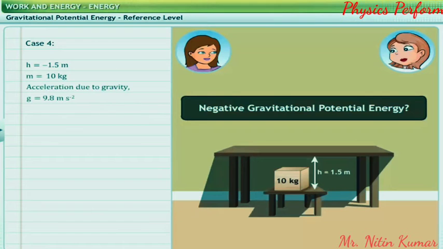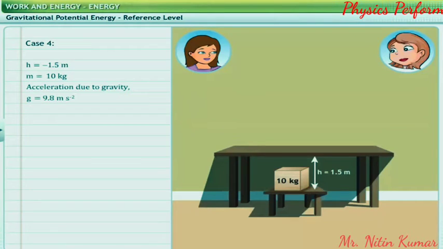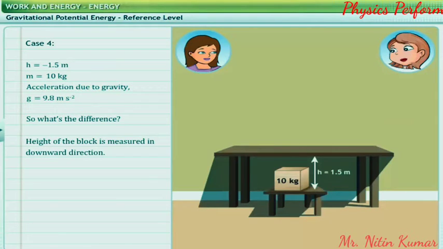Even the value of acceleration due to gravity and mass of the block remains constant. The difference in this case is that the height of the block is measured downwards, unlike the first 2 cases, where the height of the block is measured in the upward direction.